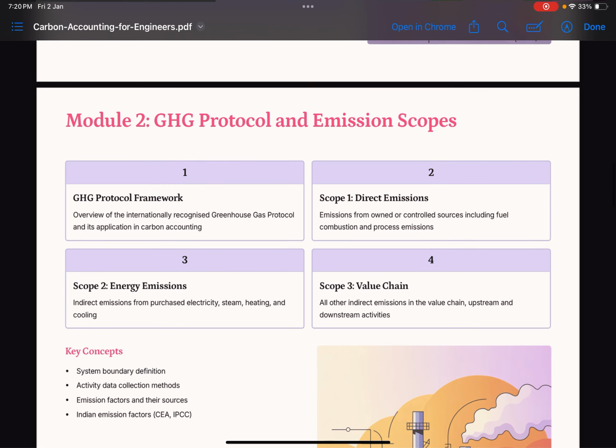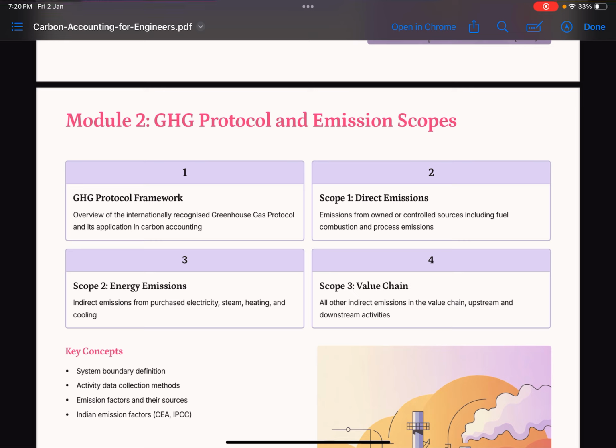Module 2 would be on the GHG protocol, which is an internationally recognized greenhouse gas protocol used widely in carbon accounting. In this, we would be talking about scope 1, scope 2, and scope 3 emissions.